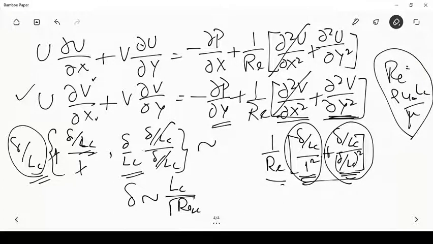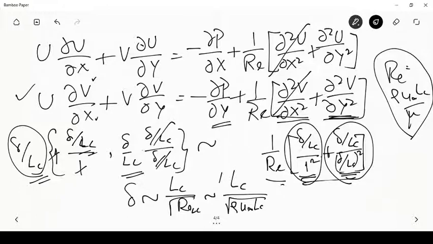So now, these terms being constants, if I can take them off, then this delta goes as square root of LC.